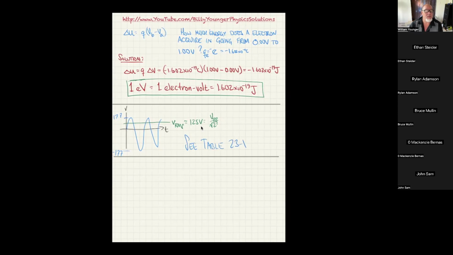Now let's look at this. Suppose an electron is accelerated from rest through a potential difference of 25,000 volts.